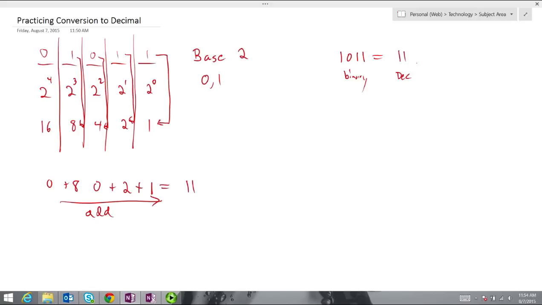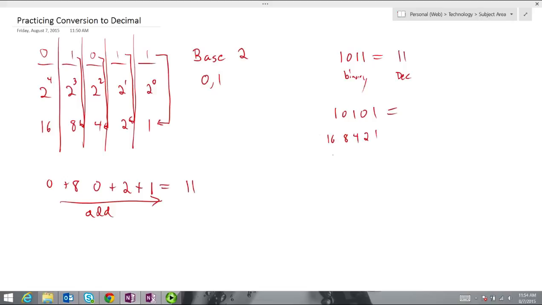Okay, so let's practice another one. Let's try 10101. Again, I can think of it as 2 to the 0th power, which is 1, 2 to the first power is 2, 2 to the second power is 4, 2 to the third power is 8, and 2 to the fourth power is 16.